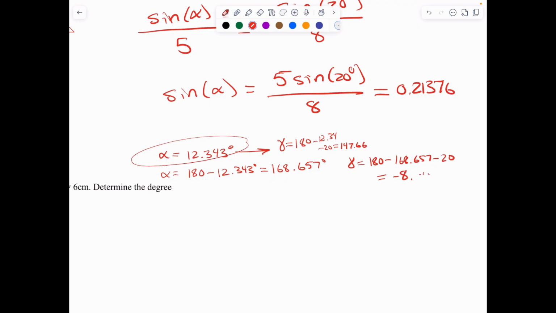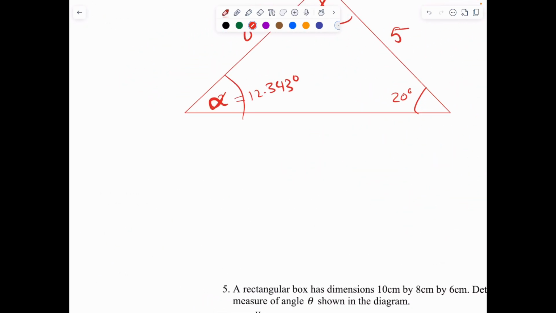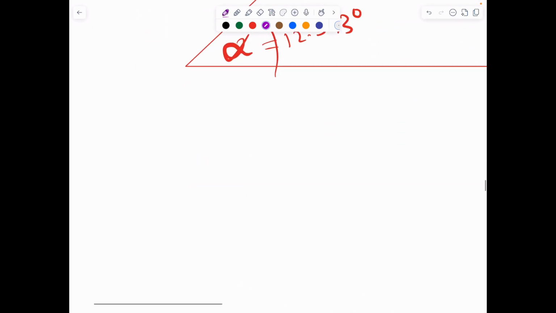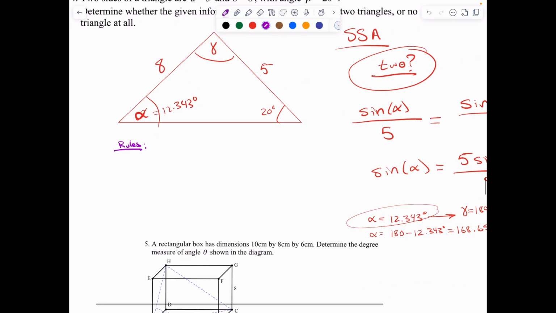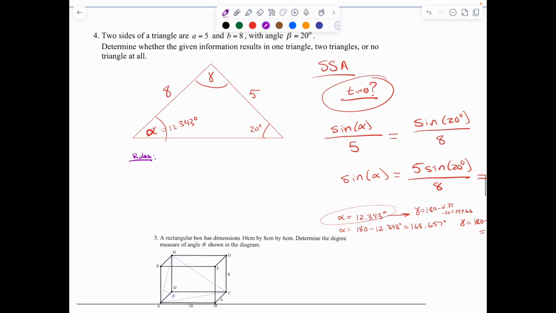Now, I know some of you are going to want to know what the rules are. So let's give you the rules. We did some of the rules in class, but here are the rules for this type of problem. This is all based on b.